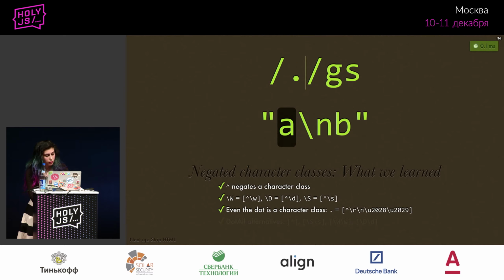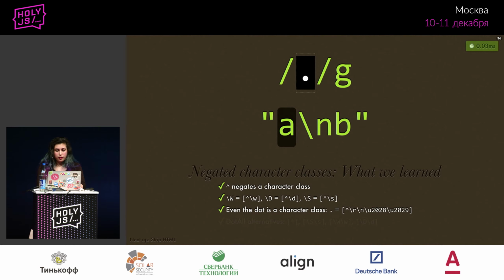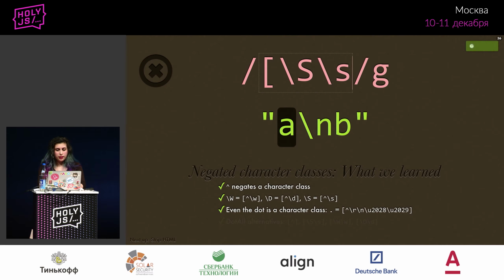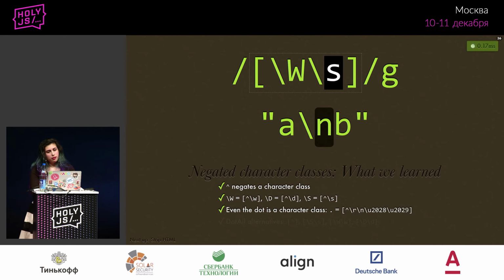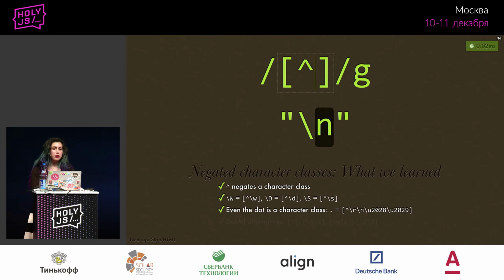And these alternatives are basically something like this: a positive class and the negative one together. So this means not a space character or a space character, so everything. Same with this. See, it matches all three characters. And same with the digit. You get the idea. And in fact, there's something even shorter, which is this, which negates the empty set. So it means everything.